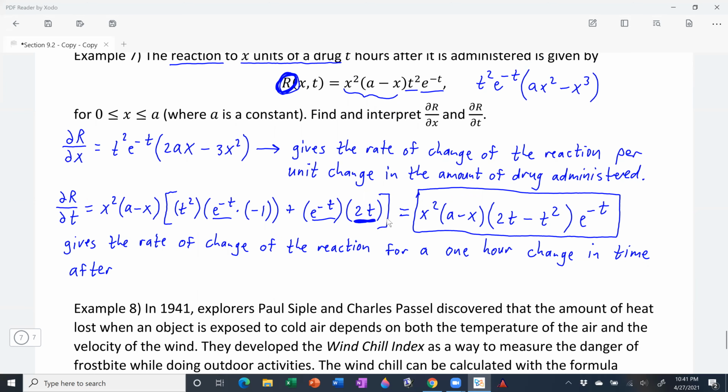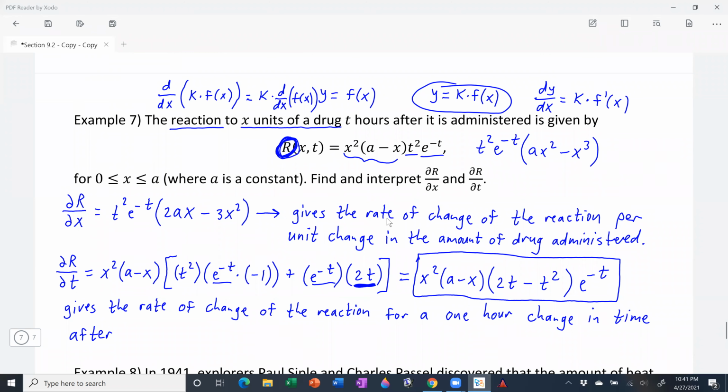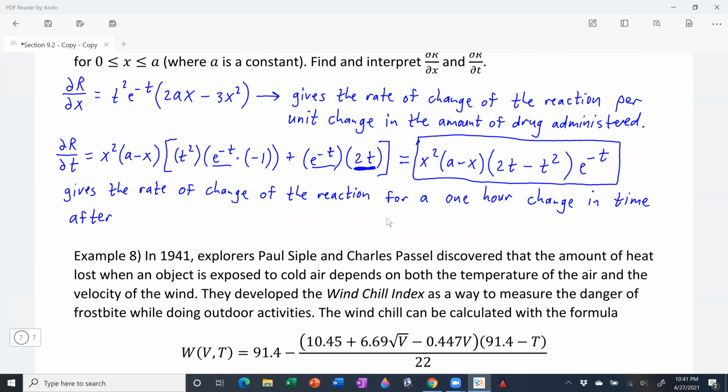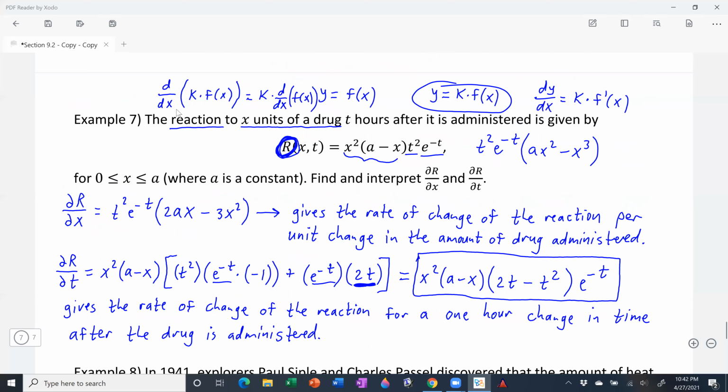And it's just what did it say? Time after it's administered. Okay, so time after the drug. So very important to read the problem carefully, realize what is the function itself representing.